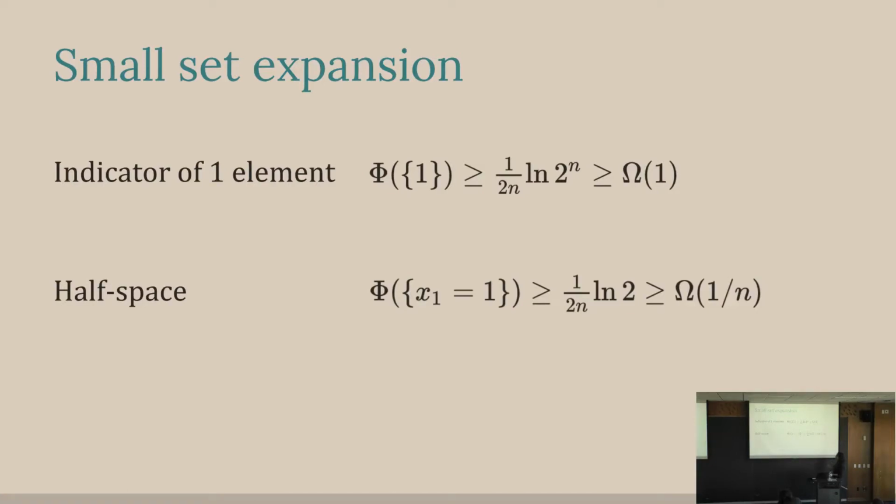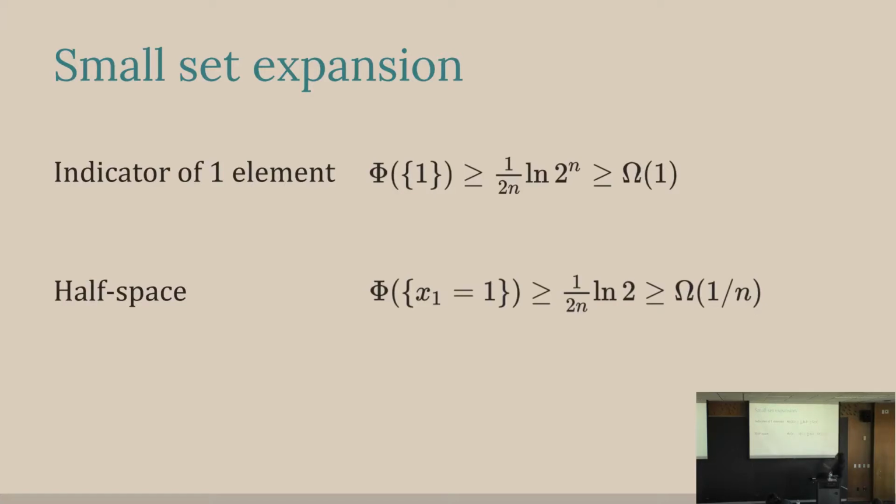And if you look at the indicator of a half space, then the conductance is at least 1 over n. The point here is that we've been thinking about these as specific sets, like the one element set and the half space set, but this inequality says that for all sets of the same volume as these, we have a lower bound on the conductance.